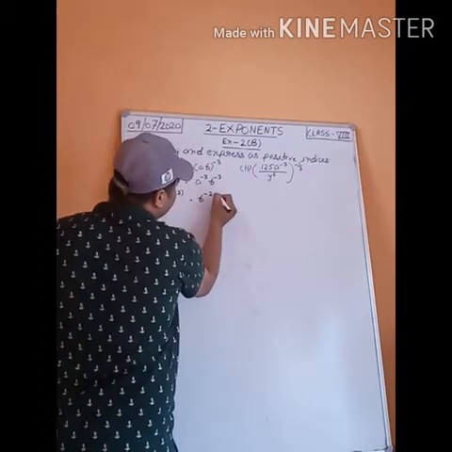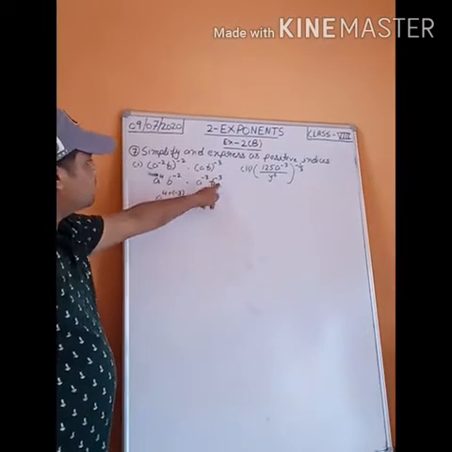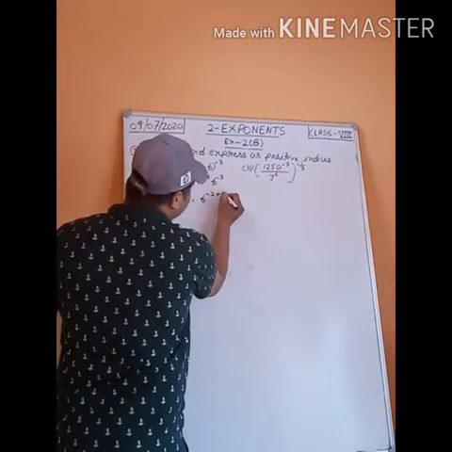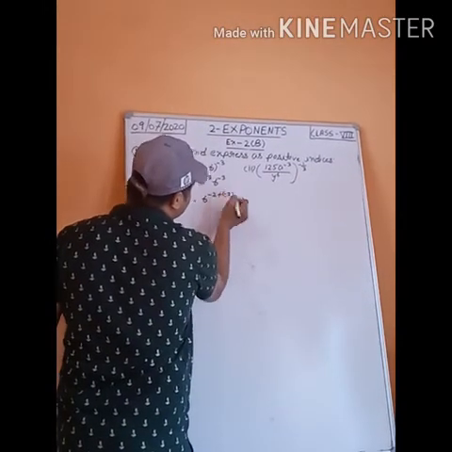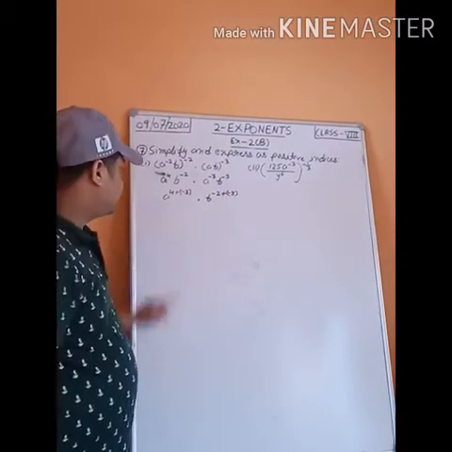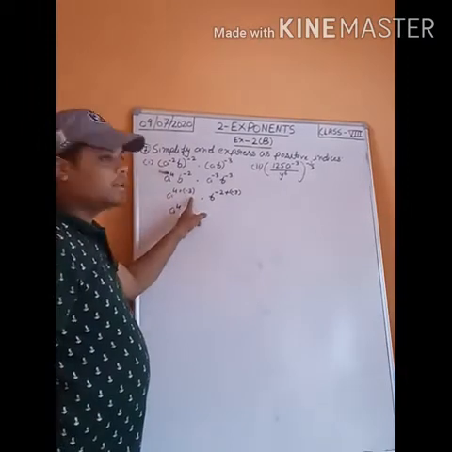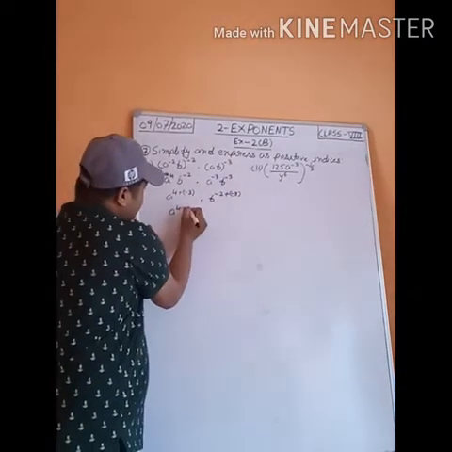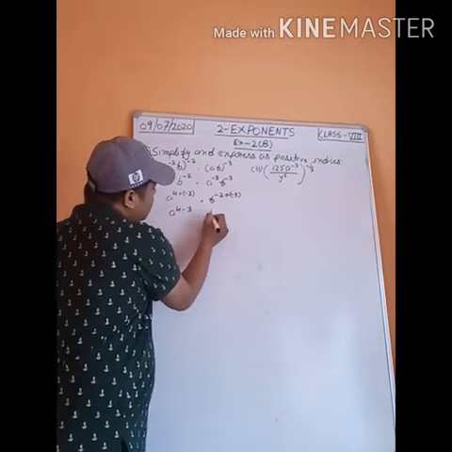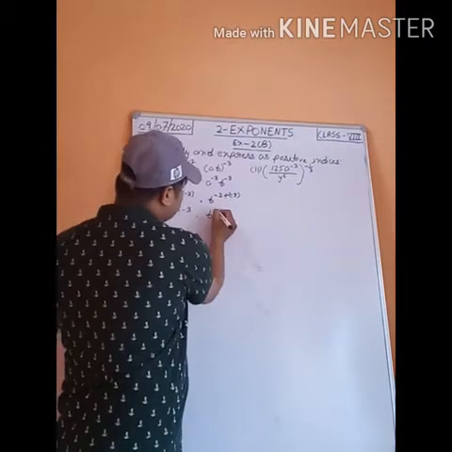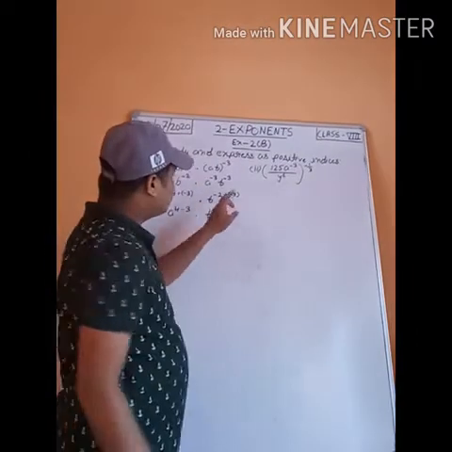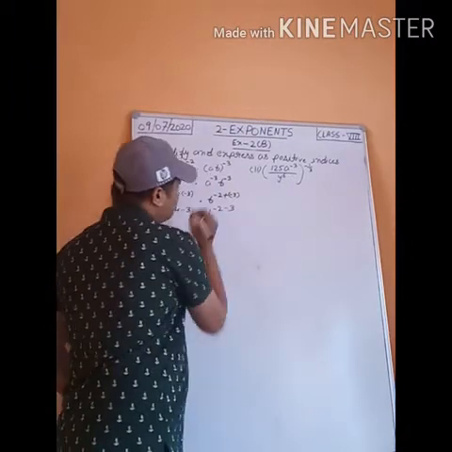Then what will we add in this? We will add minus 3, and it will come inside the bracket. Then a raised to the power 4 plus minus 3, multiply b raised to the power minus 2 plus minus 3.